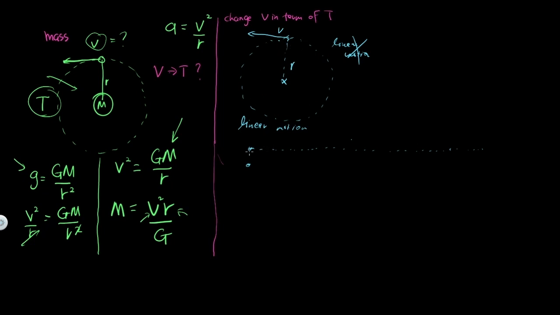Now we change it into linear, so we can apply linear motion. We know the linear speed of this object is v, and the distance is equal to L. So we can find the value of t for this object to move from point A to point B.